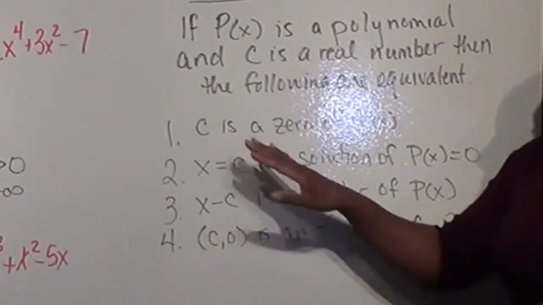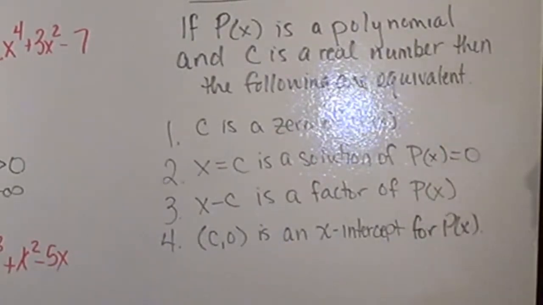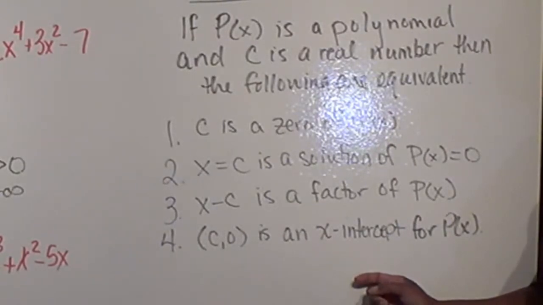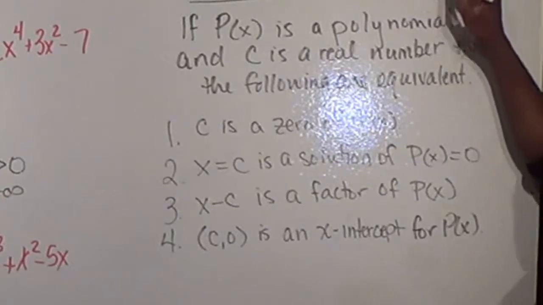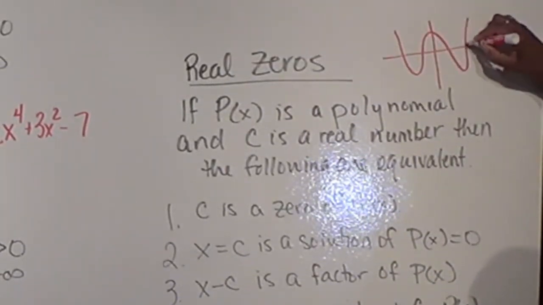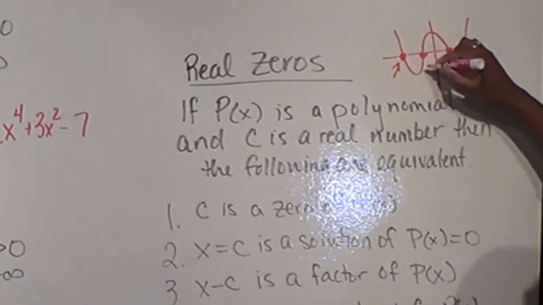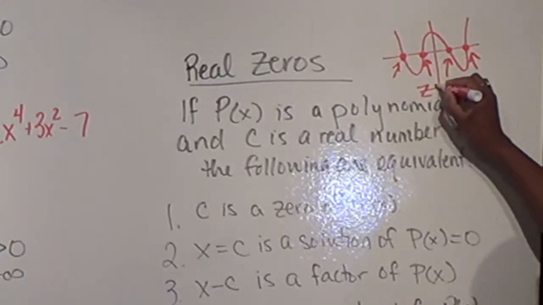And lastly, if I'm saying that c is a 0 of p of x, another way to say that is c comma 0 is an x-intercept for the polynomial. Okay? So when we're talking about real zeros, we're just meaning when I'm looking on the graph, the places where the function crosses the x-axis, these are all zeros of the polynomial.